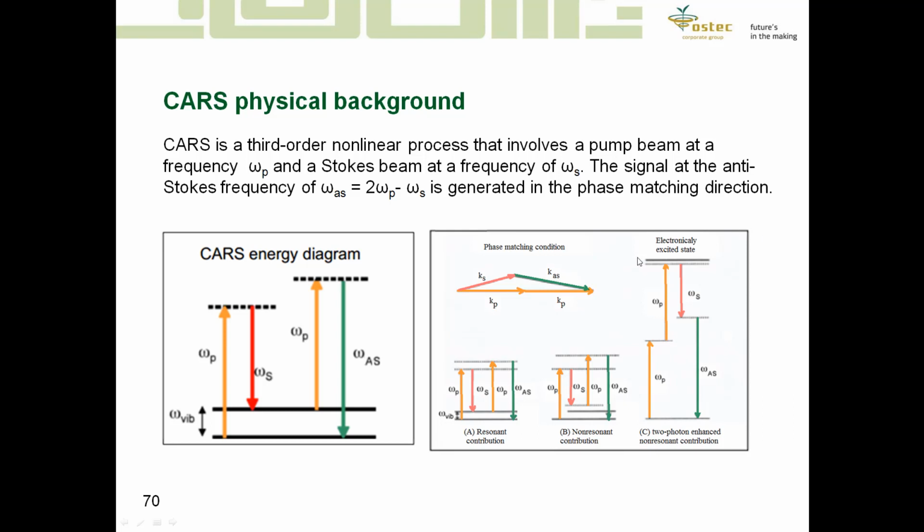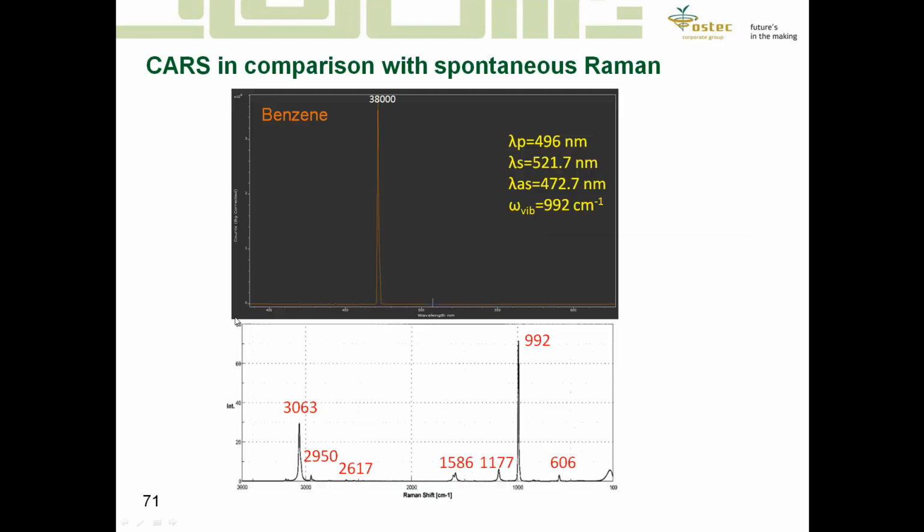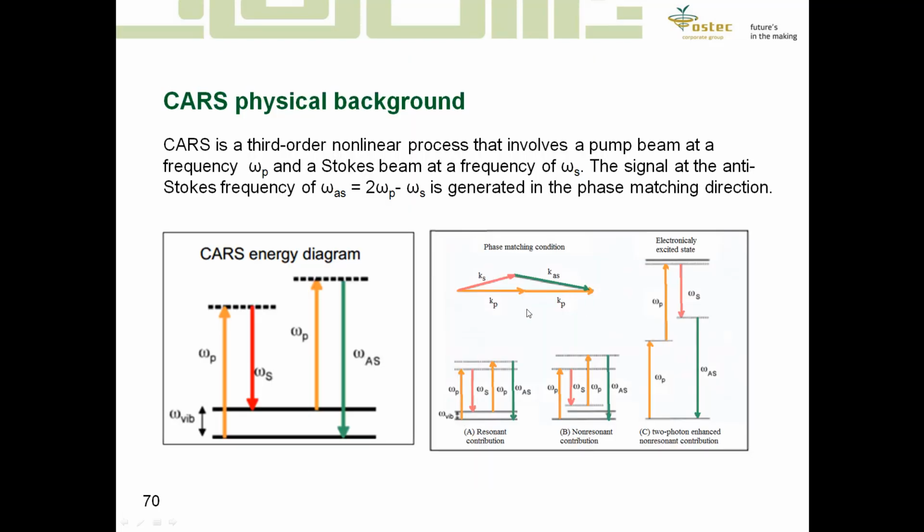It is a four photon mixing process, and there are photons which allow us to excite the system. It's the so-called pump beam. Also, in addition to the pump beam, there is a Stokes photon which depopulates from this level and excites again to the highest level.